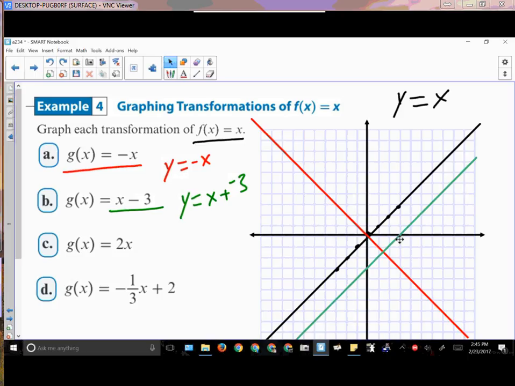Now, the next one's a little trickier for me to do with this. So what I'm going to do here for this one, it's still going to go through here at the origin, because I put 0 and I get 0. That's it. If I put 1 in there, what's going to happen to it? What do I get out?